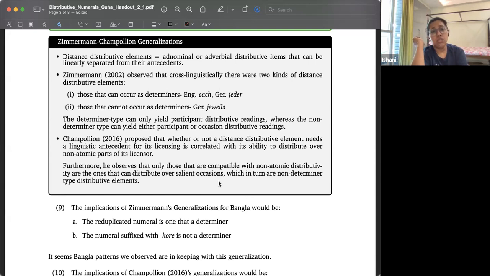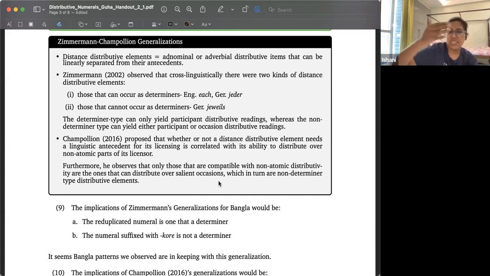And those that cannot occur as determiners, which is German jeweils. Jeweils precedes the numeral indefinite, right? So jeweils two books is the distributive form. And this jeweils cannot occur like each, so it cannot be jeweils books. It cannot occur as a determiner.